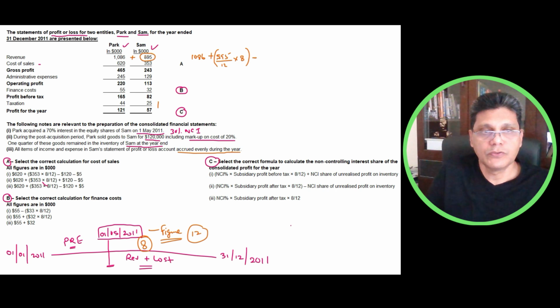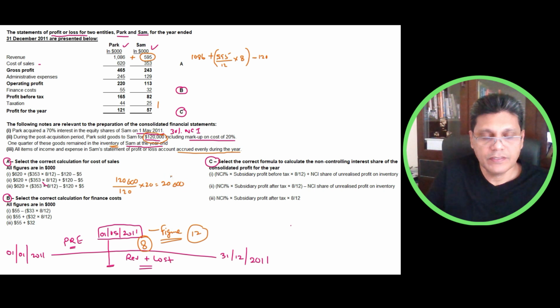The Park has sold to Sam, so that 120,000 is included in the sales. Therefore you need to eliminate 120,000, plus there is unrealized profit. One quarter of these goods remain in the inventory. We calculated the unrealized profit: 120,000 at a 20 markup is going to be 20,000.